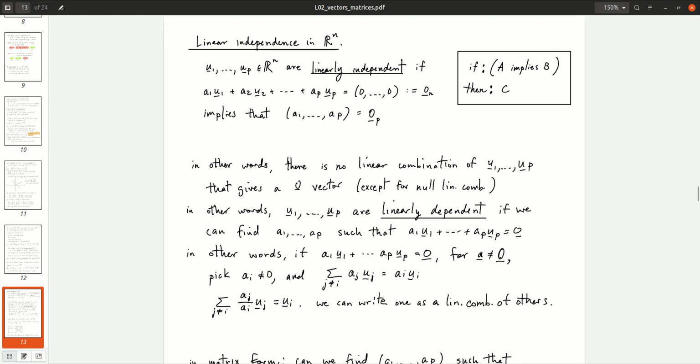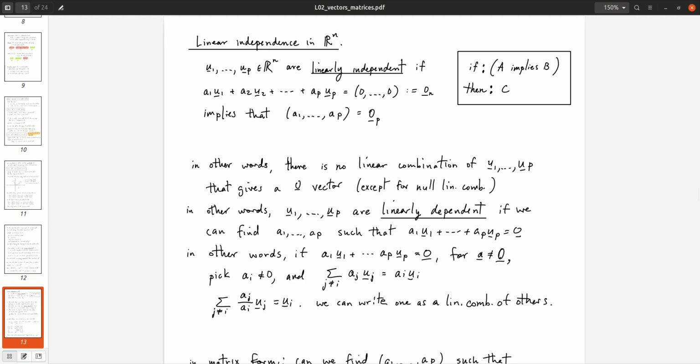a little bit strange. So let's look at the logical diagram of how this definition works. Here C is the statement that u1 to up are linearly independent, and C is true if A implies B, where A is this first statement, this thing equals 0, and B is this statement, that all the a's are 0.